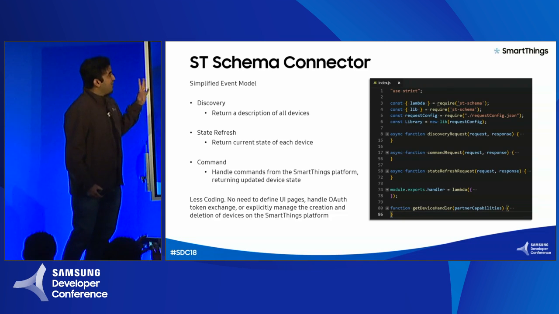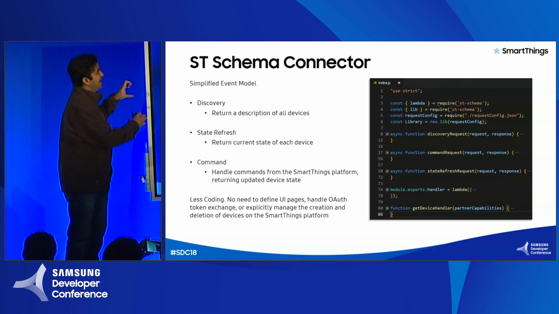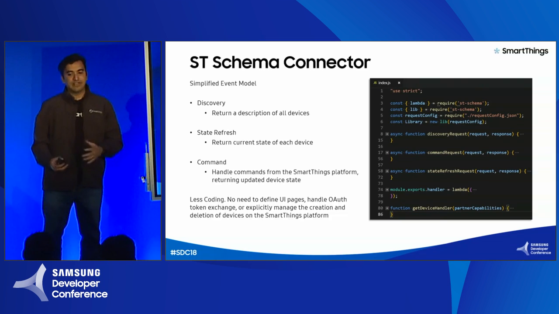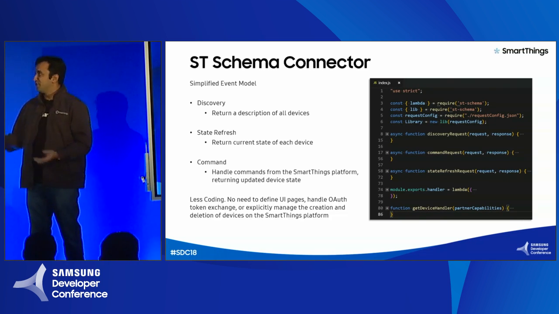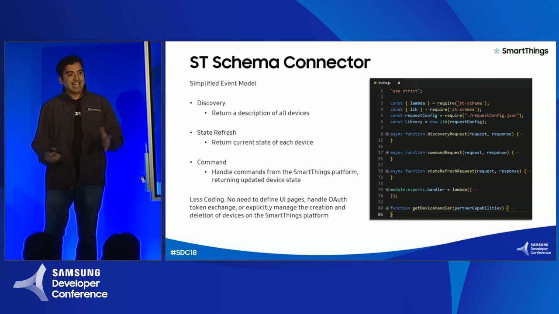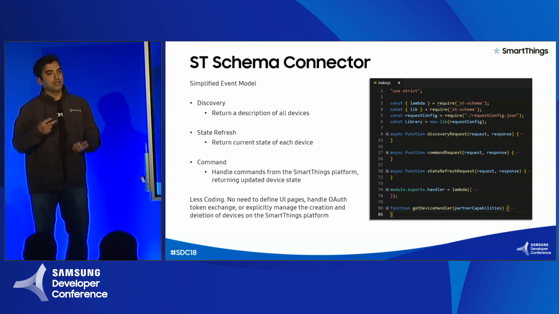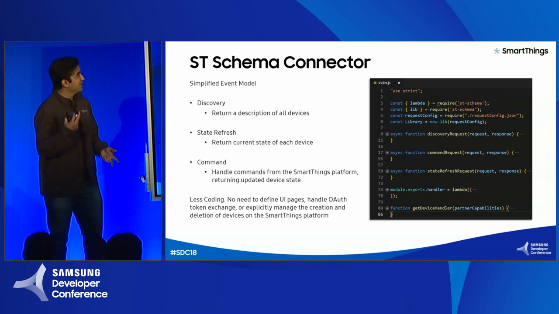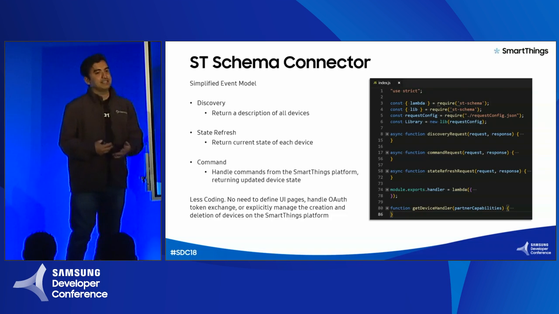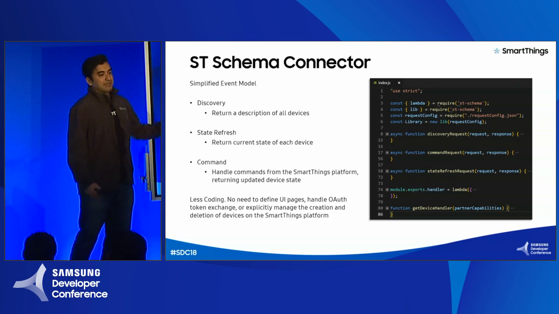Bob mentioned last year we did the integration where we showed off a SmartThings Slack demo along with a Tesla car demo, and in that case, we had to create all the device profile, the translations, all the UI pages. All of that is now taken care of by the platform.